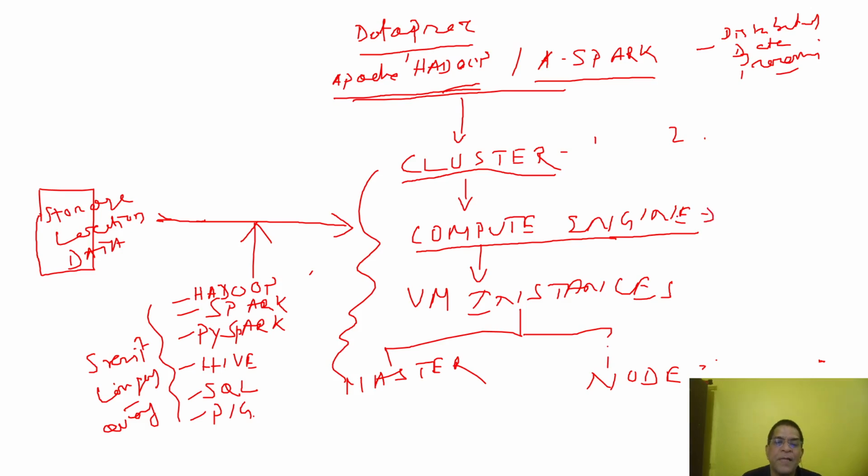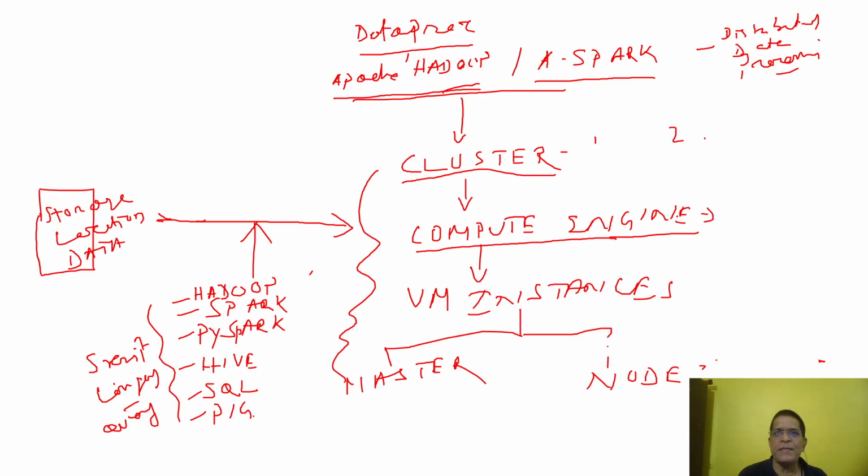Compute engine is a service in GCP where it will provision the systems, the processors, the memory, and the processing capabilities to Hadoop and Spark to use the script languages or queries to process my data.